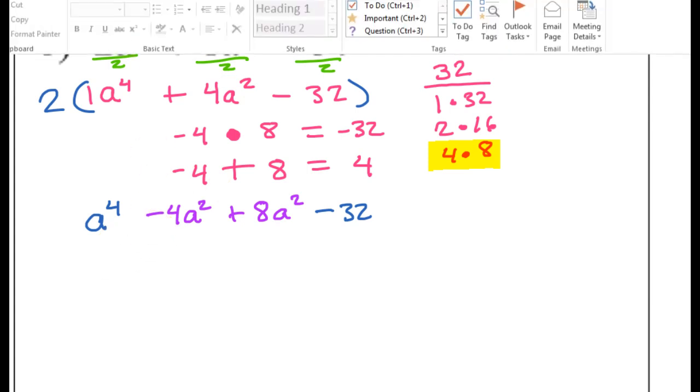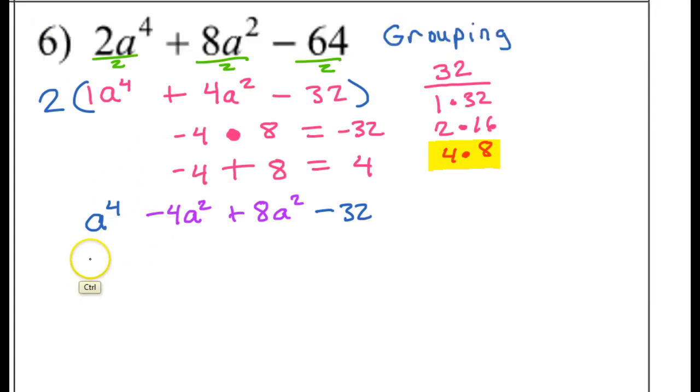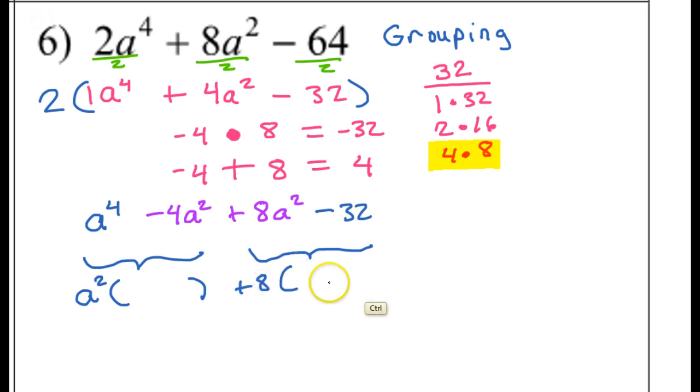So in this form, you can see that we need to do the GCF of the first pair and the GCF of the second pair. The GCF of the first pair is a squared. And then I'll have some stuff in parentheses. The GCF of the second pair is 8. And then I'll have my parentheses.